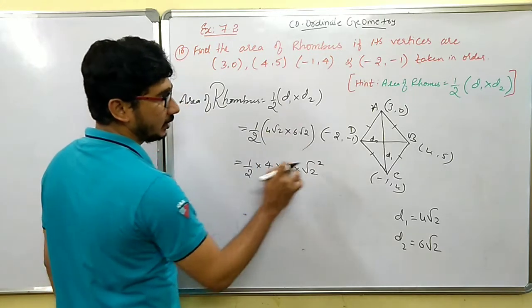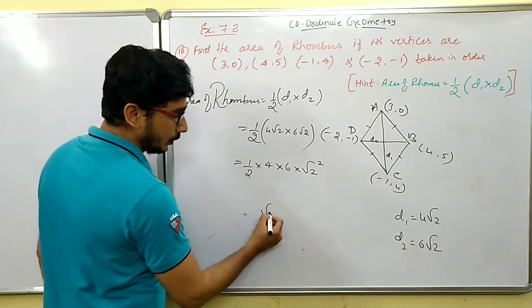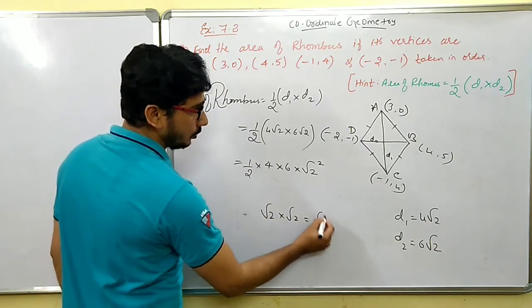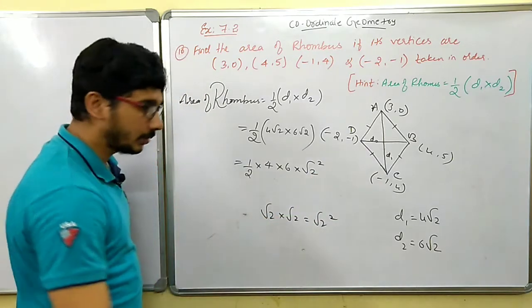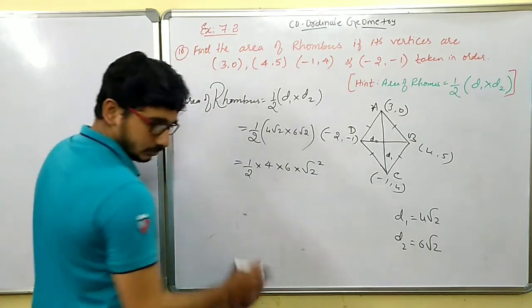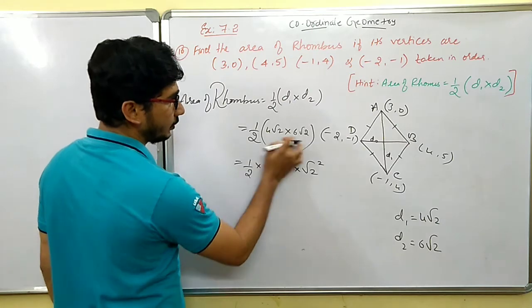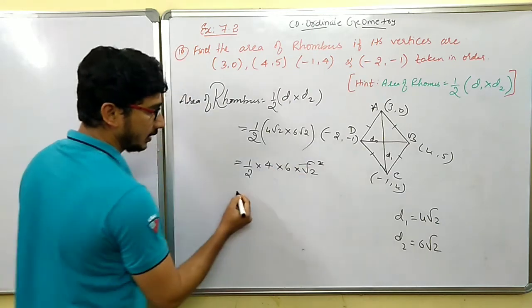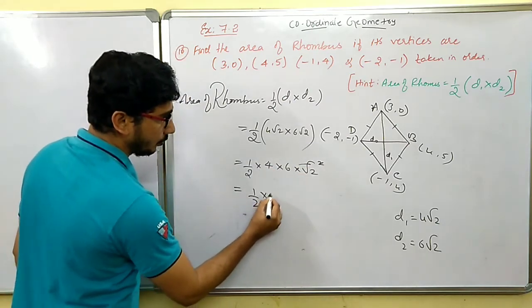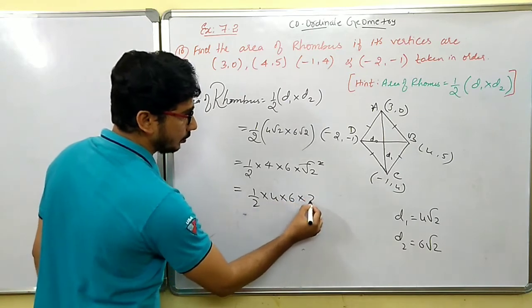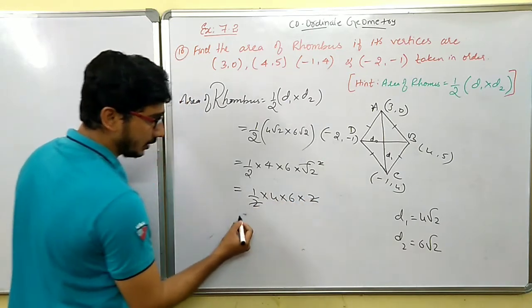Root 2 into root 2 I have written separately. So root 2 into root 2 is equal to root 2 square, I have written directly there. Okay. 4 into 6 as it is. So this one and this one will get cancelled. Half 4 into 6 into 2, this 2 and this 2 get cancelled.